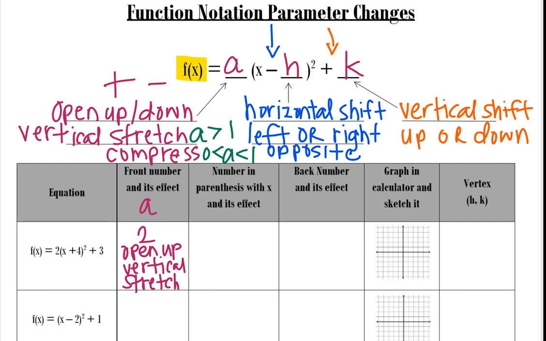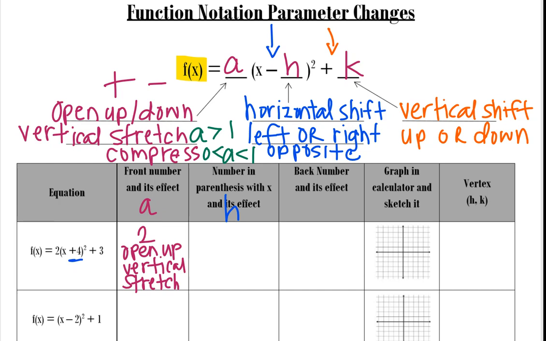The next thing that it's asking me for is the number in the parentheses with x and its effect. The number inside the parentheses with x is my h value. Now remember I said we have to think opposite for this h value. If you look at my equation, the number that's inside the parentheses is 4.